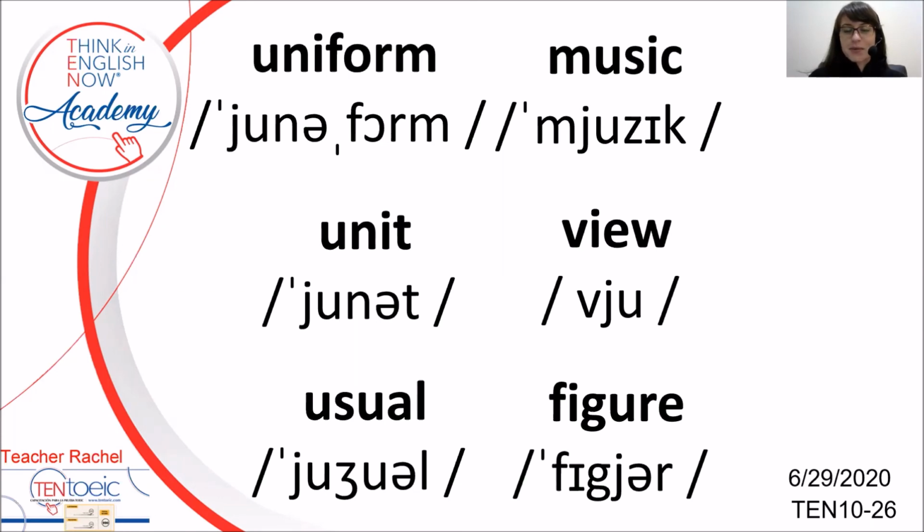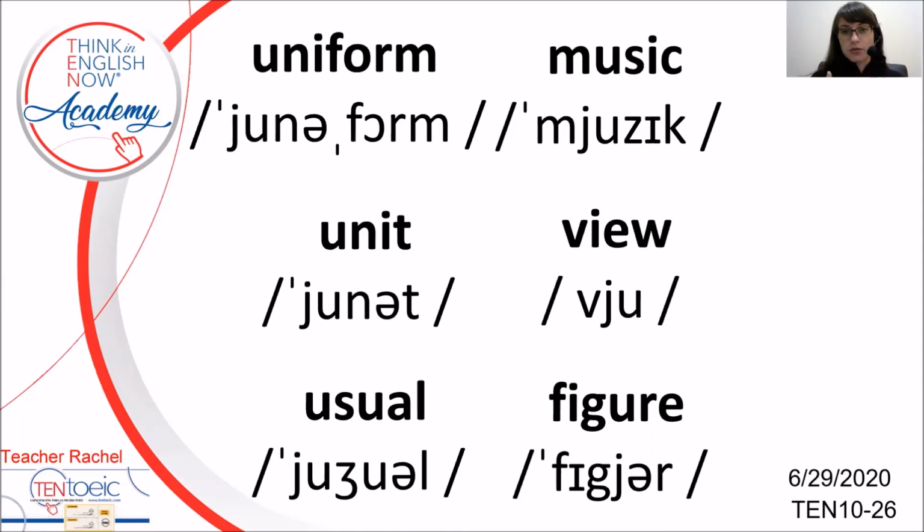Music, this is what we listen to, maybe on the radio, or we play music with a guitar, a piano. So it's a combination of different instruments or singing that we can listen to. Unit, there are many definitions for this word. Mainly, it's referring to one.